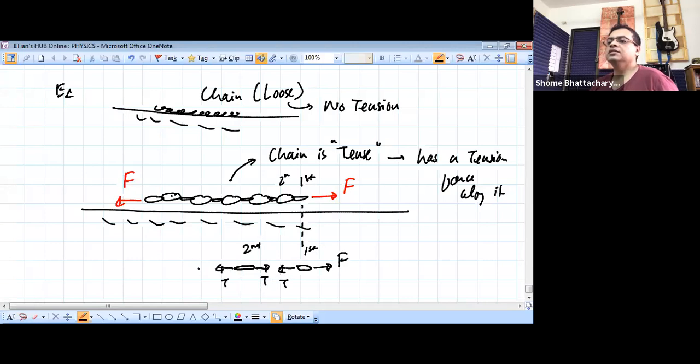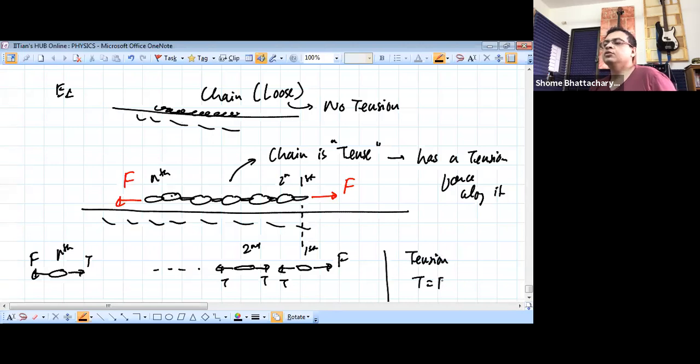And this continues till you come to the last link on this side. So every link of the chain is interacting with every other link with some tension, and that tension T is equal to F, uniform everywhere in the chain.